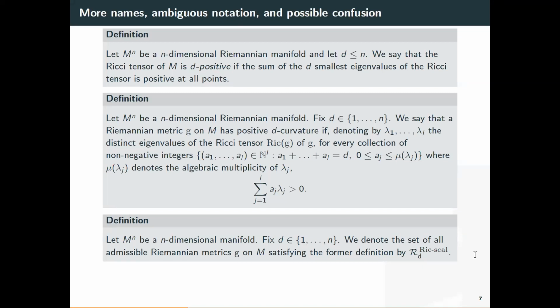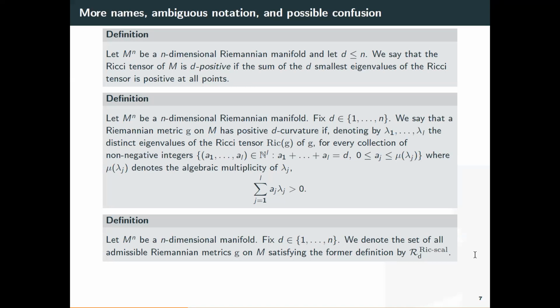For an n-dimensional manifold, if we fix D, we denote the set of all admissible Riemannian metrics that satisfy this definition about the curvature by this R Ricci scalar. Because if D equals 1, this notion leads to positive Ricci curvature. If D equals the dimension of the manifold, this notion leads to positive scalar curvature.